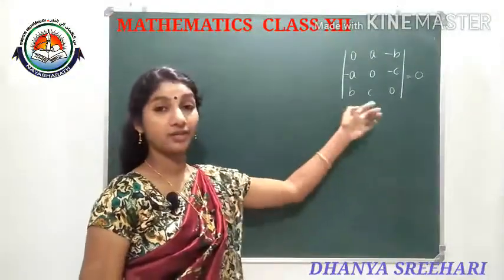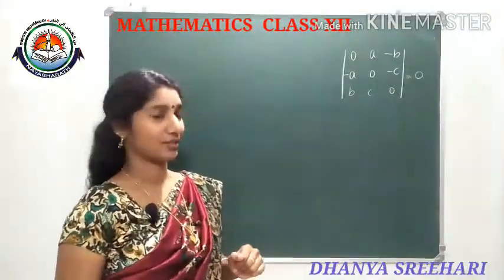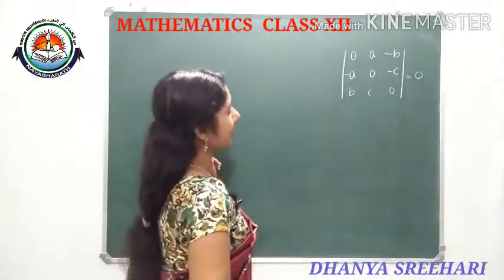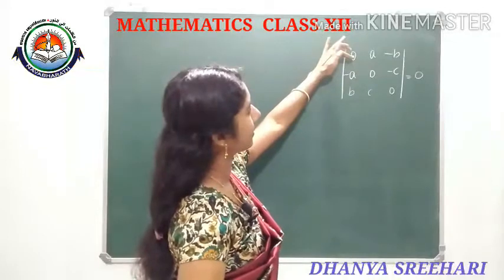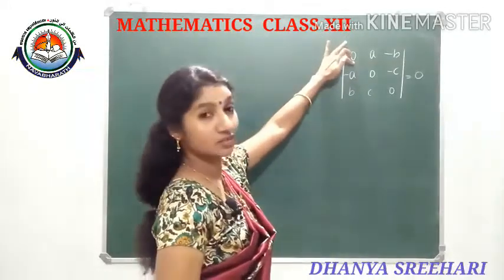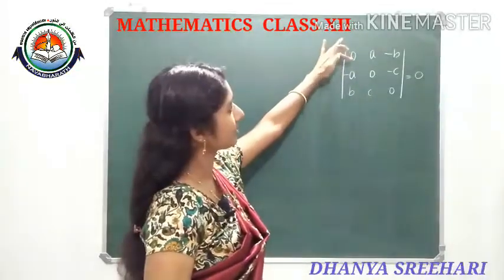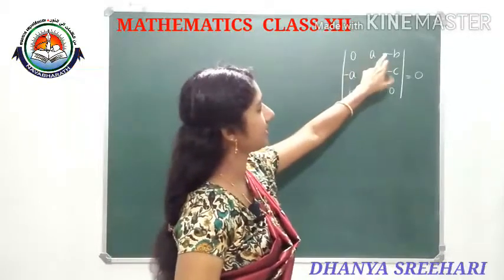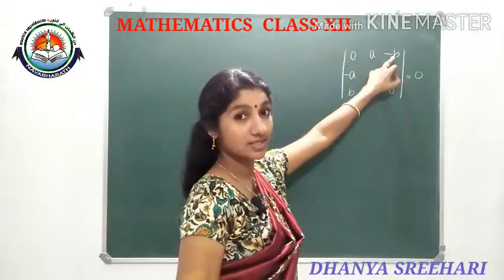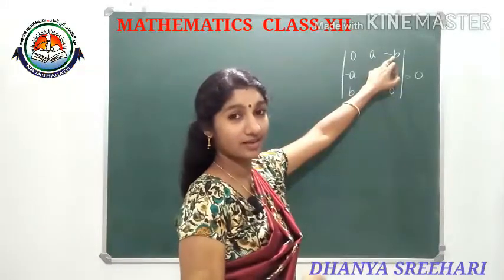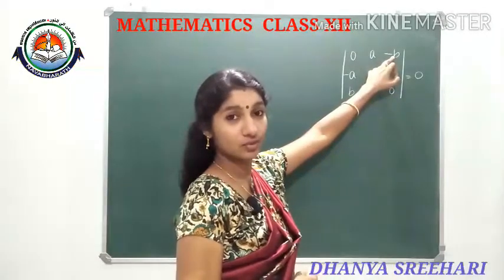And see another question. One determinant value we need to prove as equal to 0. So what can we do? We can multiply this R1 with C. So this will come 0, AC minus BC. So simply we can multiply with C. So for adjustment we can write 1 by C outside.